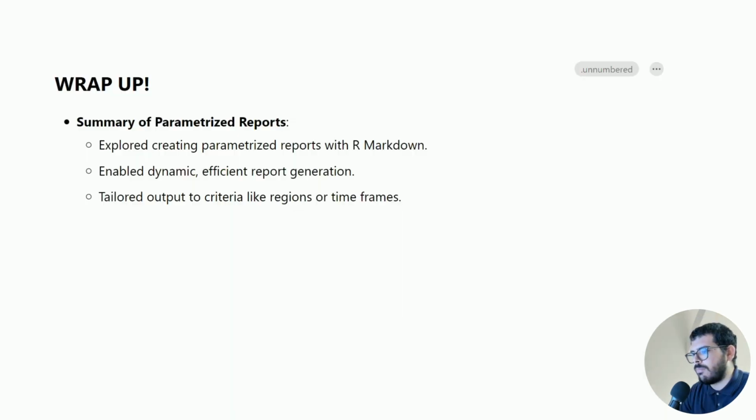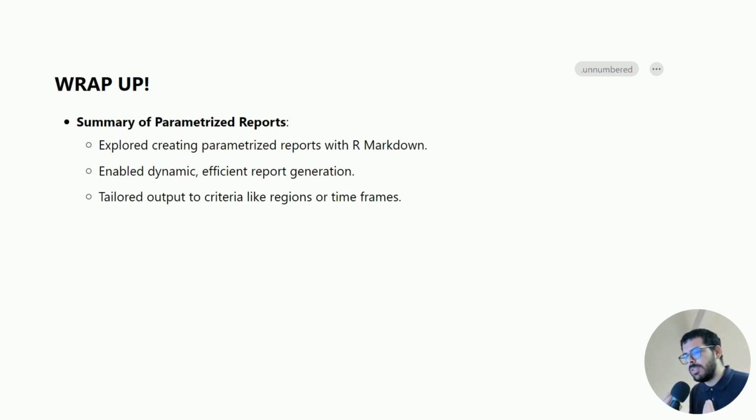So, to wrap up, by the end of this lesson, we were able to create a parameterized report with R Markdown. We were able to enable the dynamic and efficient aspects of using R and R Markdown within our reports. And we were able to specifically tailor the outputs and the inputs for each of these files programmatically.